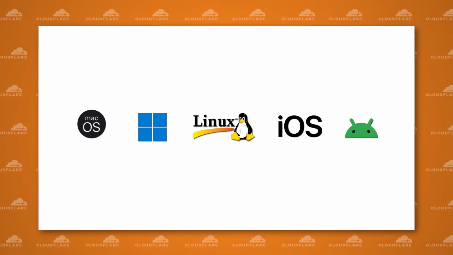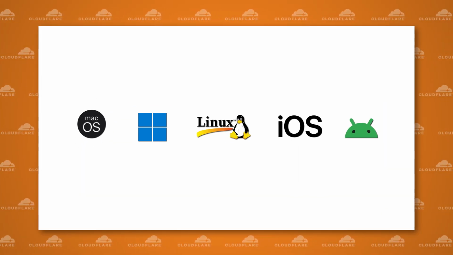Next, we need to securely connect the user device to Cloudflare so that all traffic destined for our database server is over secure channels. We do this using a similar piece of software we used on the server, but one that's designed for user devices. It supports macOS, Windows, Linux, iOS, and Android, and connects the device to Cloudflare using a secure tunnel.